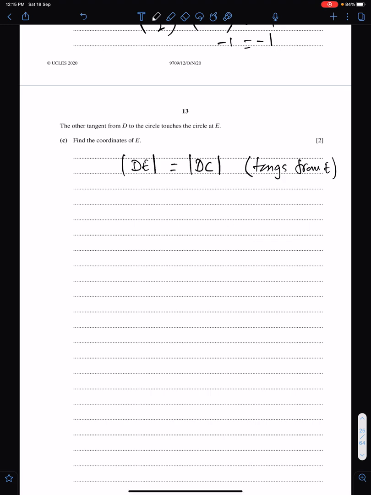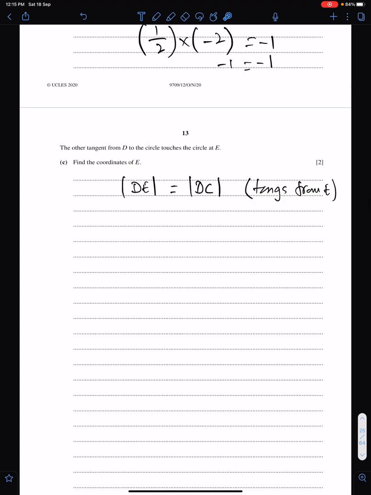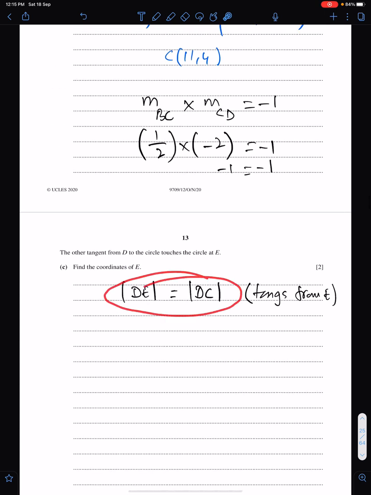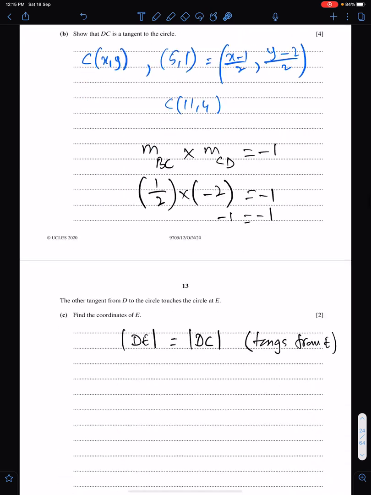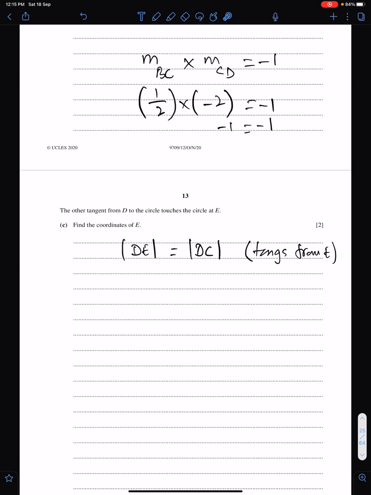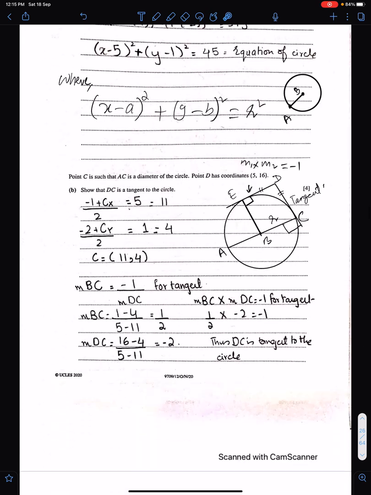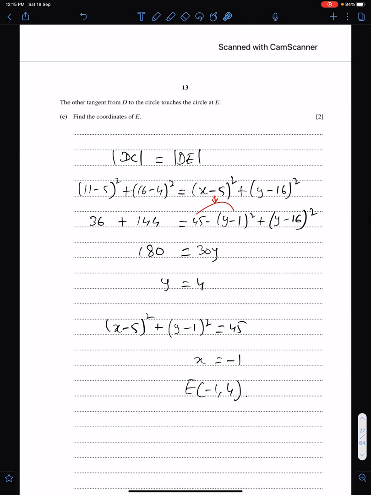So we will get the first equation with this fact or condition, and the second equation is here. So by solving this equation and this equation simultaneously, we can get the coordinates of E. So DE, this is here. This distance is 180 and DE is this.